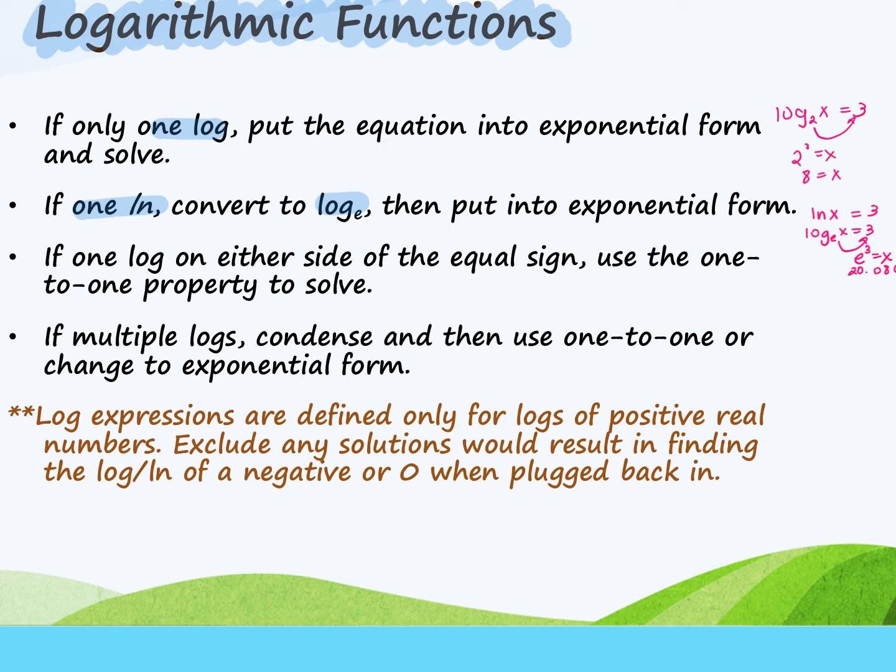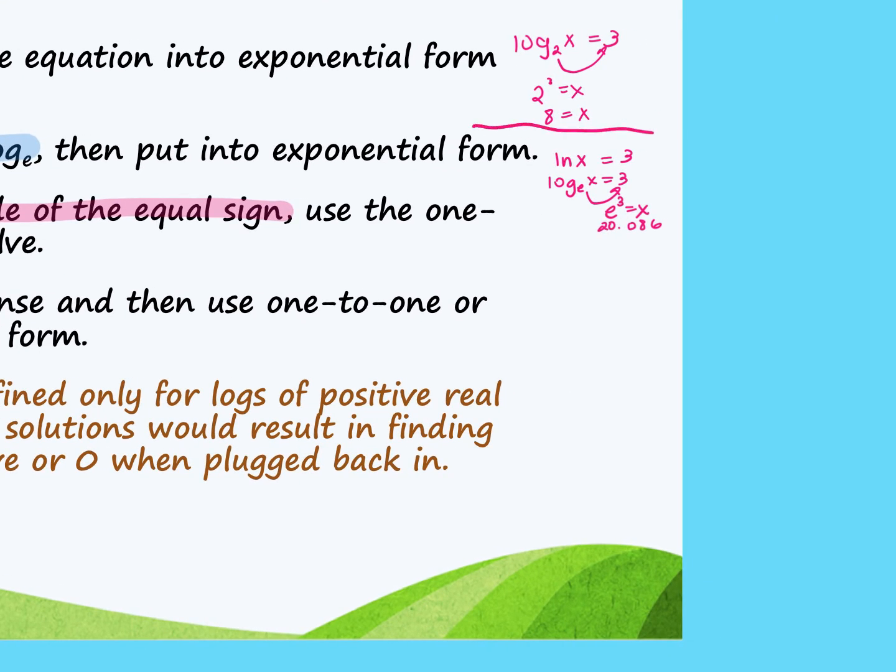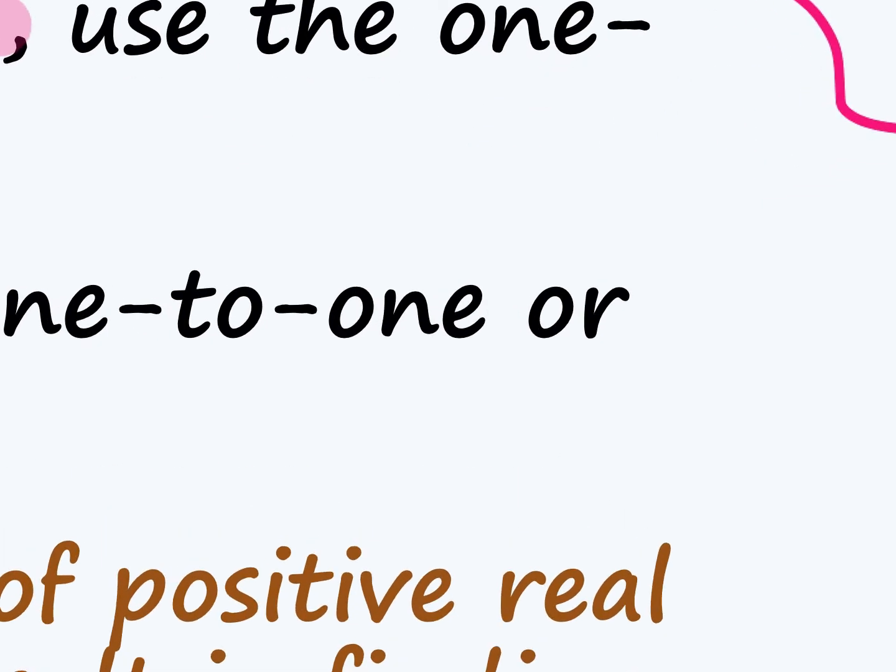The third kind is if you have one log on either side of the equal sign. So this is a log or an ln because it could be the same thing. For these, you're going to use the one-to-one property to solve it. So that could look something like this: log of x plus 3 equals log of 2x minus 5. Because they have the log on either side of the equal sign, I just set them equal to each other.